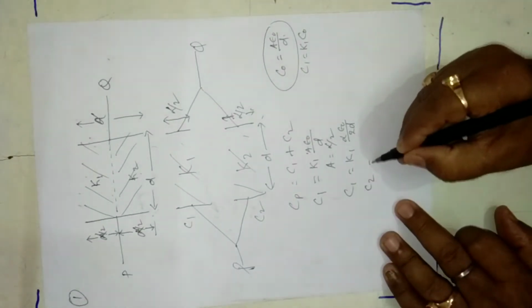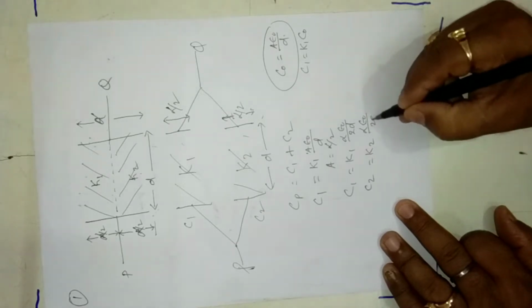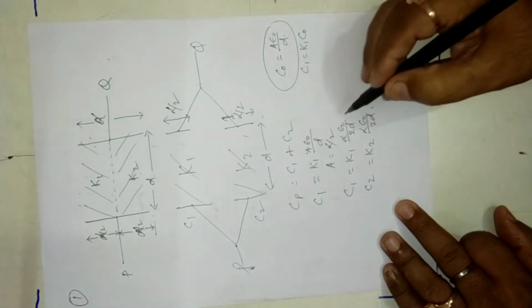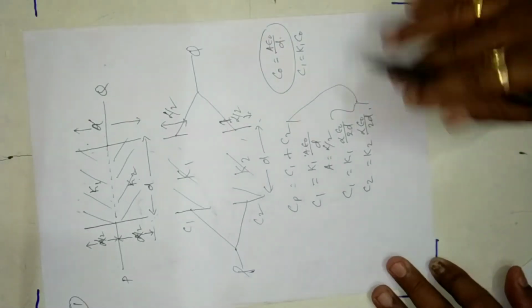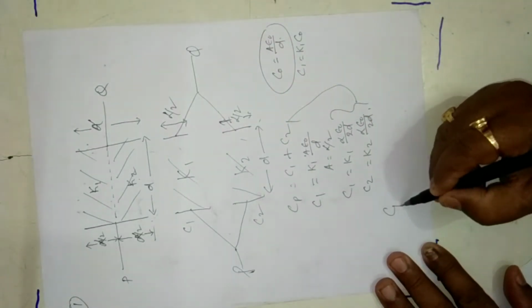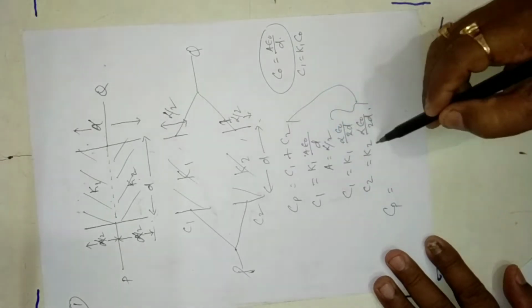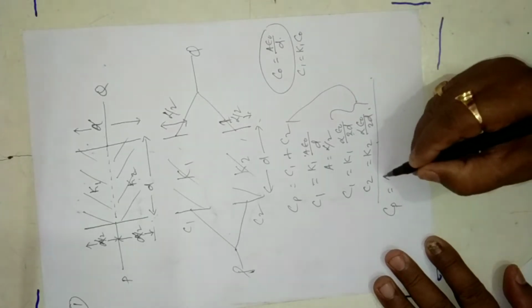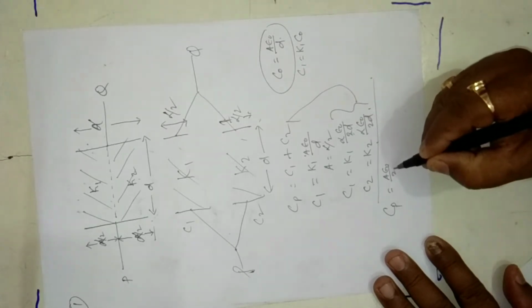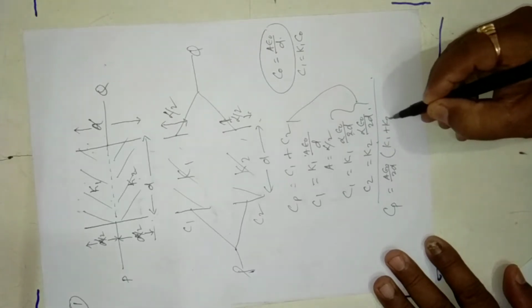Similarly, C2 will be equal to K2 alpha epsilon naught by 2D. Now by substituting these two values, we get the equivalent capacitance Cp. Adding these two, alpha epsilon naught by 2D will be taken common, and here will be K1 plus K2.